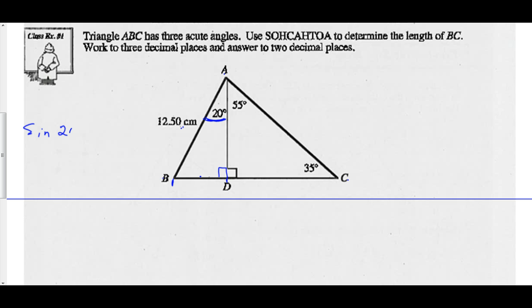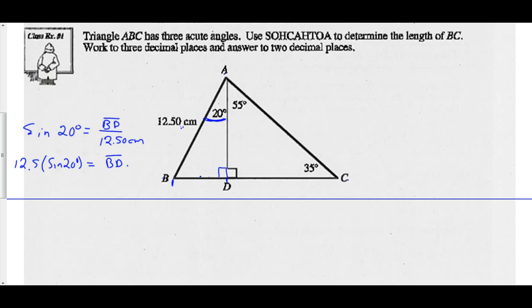So the sine of 20 degrees is the opposite side we're looking for, BD, over the hypotenuse, 12.50 centimeters. To solve for BD, we multiply both sides by 12.5. So 12.5 times the sine of 20 will give us side length BD.